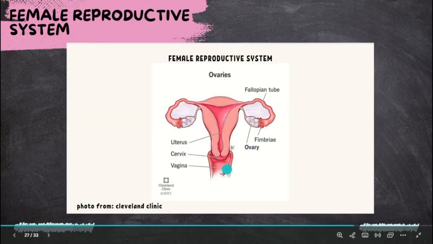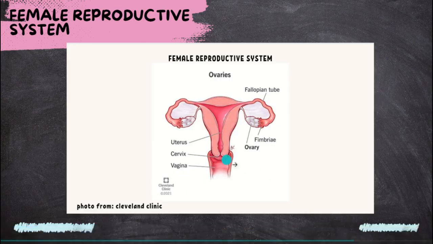So basically down here, this is the vagina, cervix, the uterus, and then we have the fallopian tube and the ovary. The ovary is where eggs are produced, and also where hormones like estrogen and progesterone are produced. So eggs and hormones are produced right here.